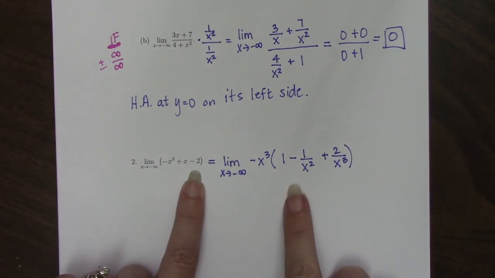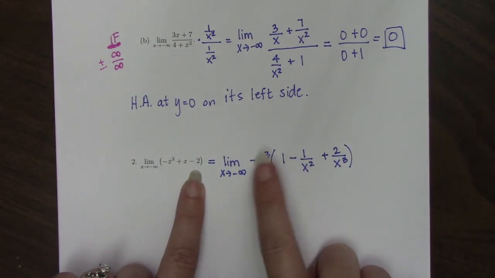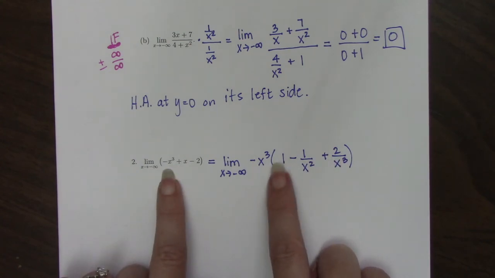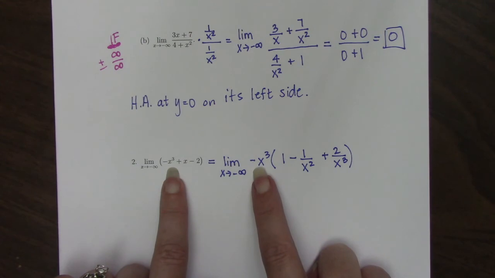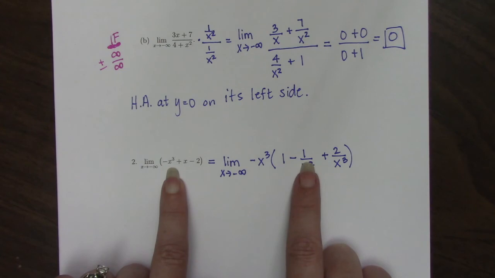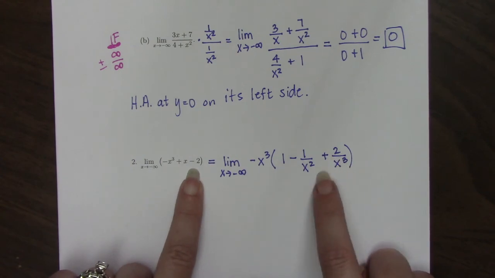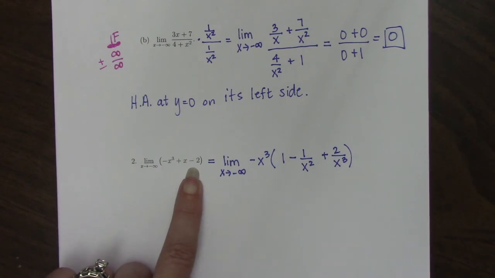I can check that I've done this right by distributing this back out. Negative x cubed times 1 is negative x cubed. Negative x cubed times 1 over x squared, the x squared cancels, and it leaves me with positive x. Negative x cubed times positive 2 over x cubed, the x cubes cancel, and I'm just left with negative 2. So I did, in fact, factor this correctly.